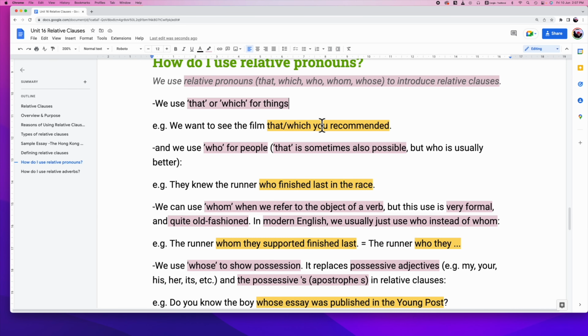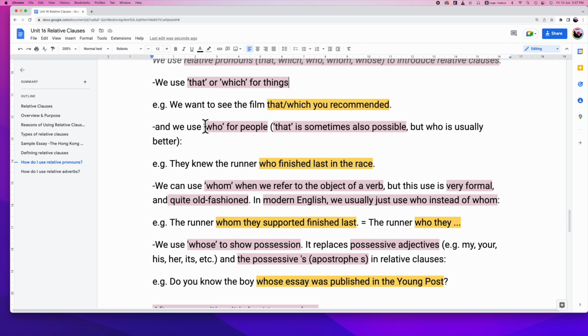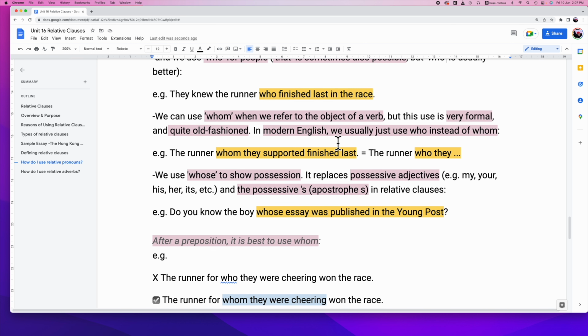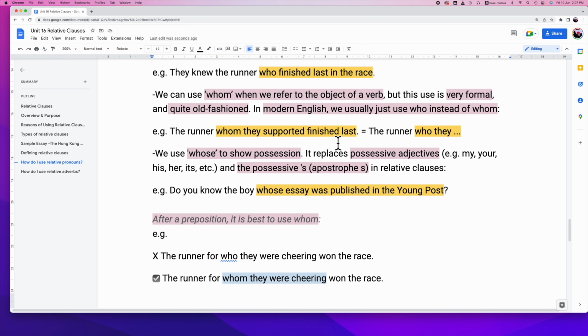Alright, let's take a look at some other things. We use the relative pronoun who for people. The word that is sometimes also possible, but using the word who is much better. For example, they knew the runner who finished last in the race. We could also use another relative pronoun, whom, when we refer to the object of a verb.